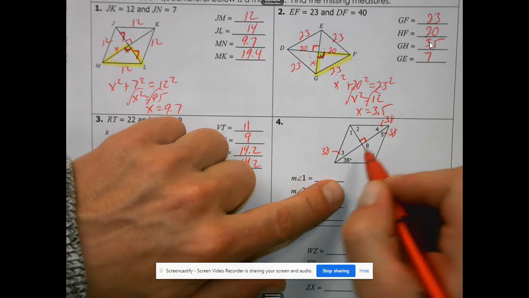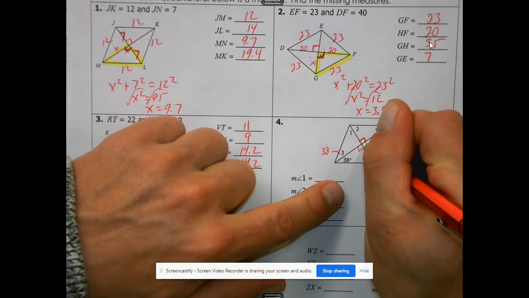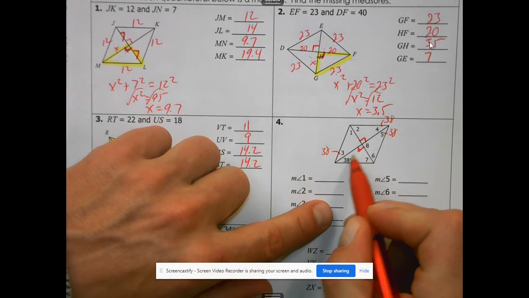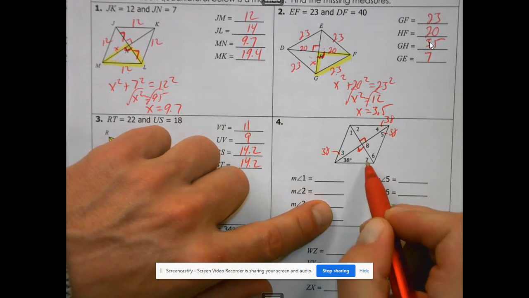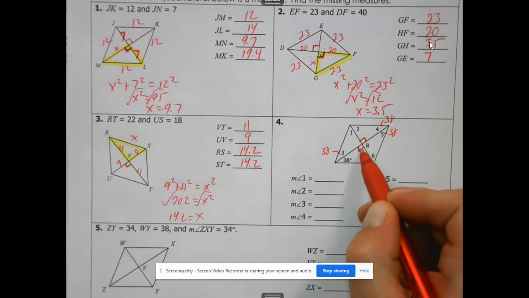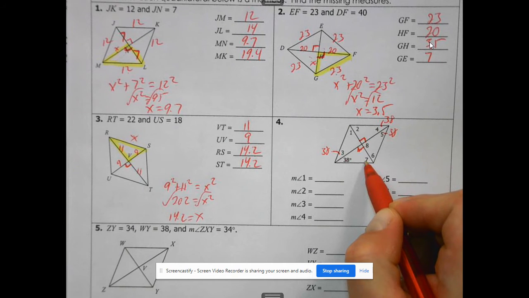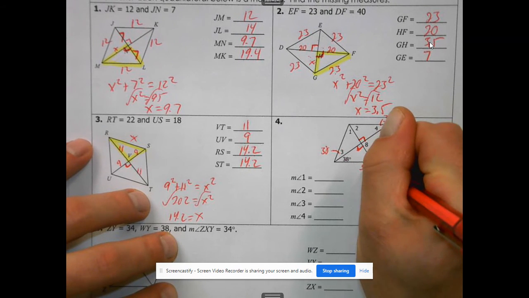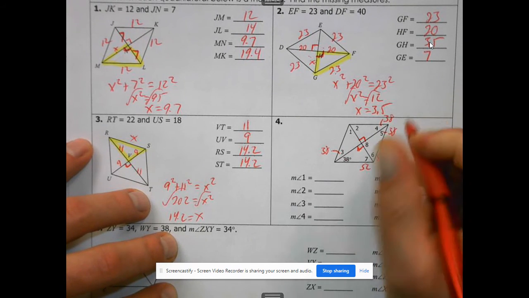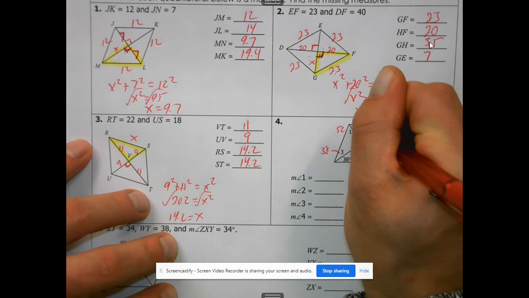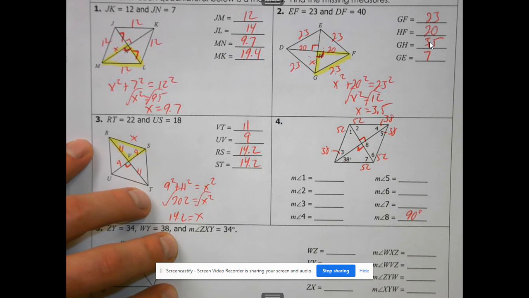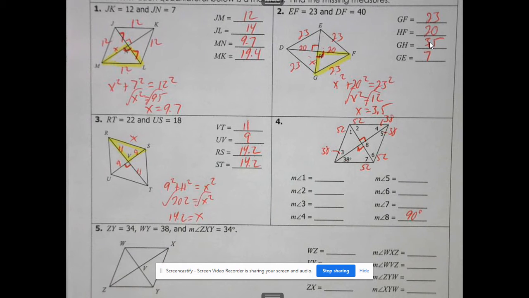Now, if I look at, let's say, this triangle at the bottom down here, all three angles in a triangle have to add up to 180. So if I take the 90 plus the 38, then subtract from 180, what's left for this guy would be 52, which means he's also 52, which means also 1 and 2 are also 52. That easy, guys. Angles are super easy for squares and a rhombus.